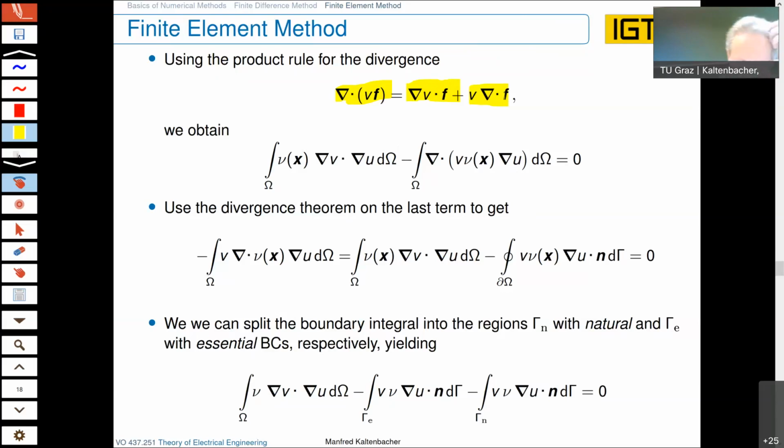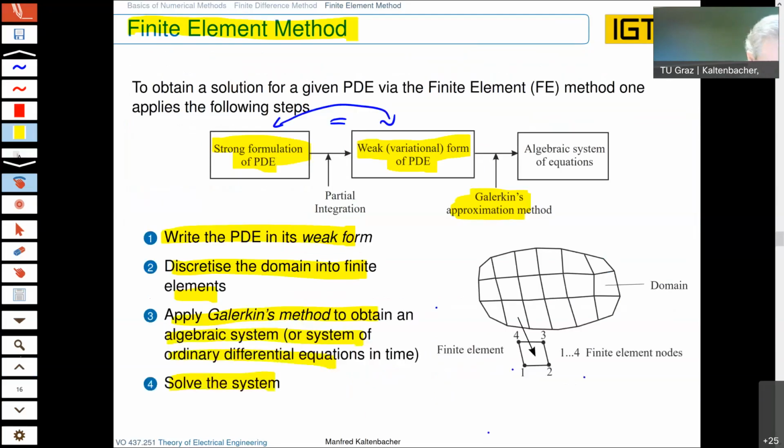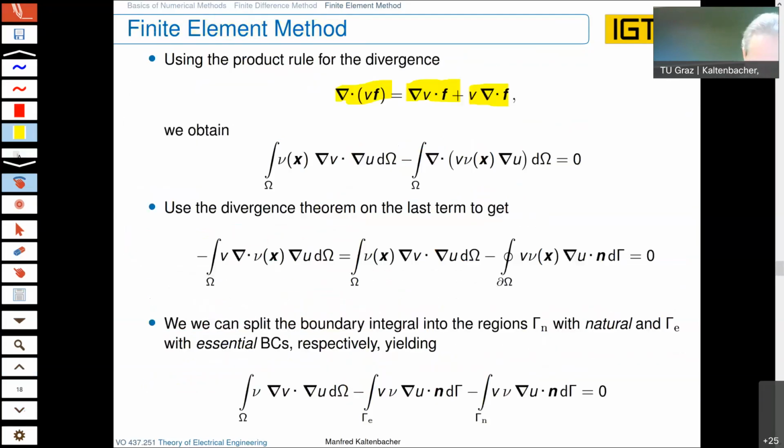And now we see that this term, the scalar multiplied by the divergence of this vector, we also have here. So we have the divergence of the vector, and here is the scalar.